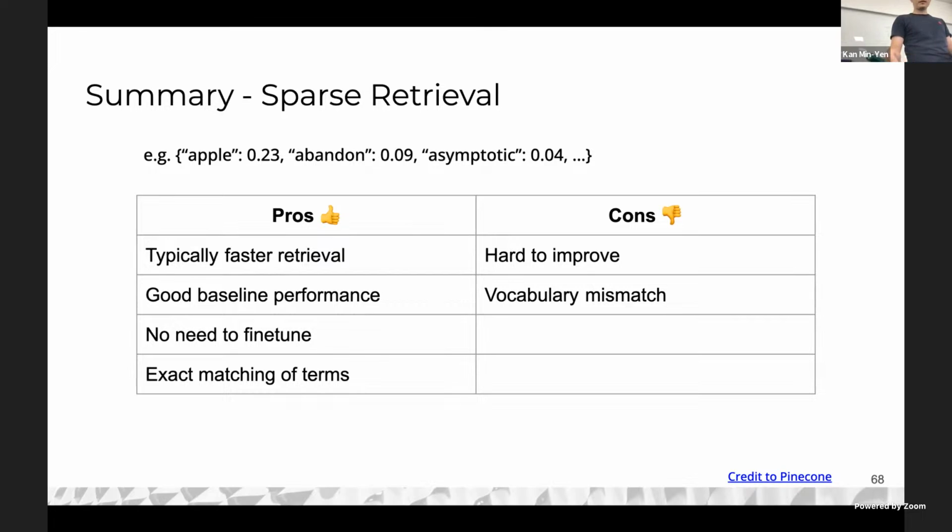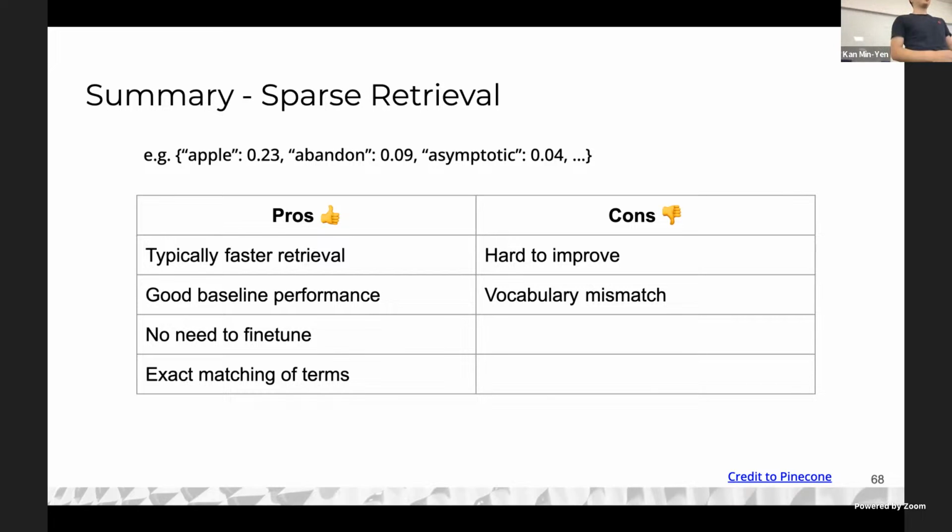However, the bad part about it is that first, it's quite hard to improve, which is also why to this day people still use the classical BM25 system, because it's quite hard to improve on this. And there's a big issue with vocabulary mismatch, meaning that if I'm going to search for the start of COM3 or the beginning of COM3, then you cannot do it because the vocabulary doesn't match.